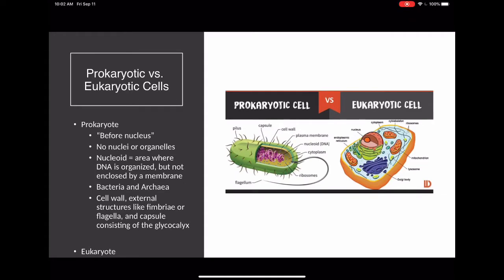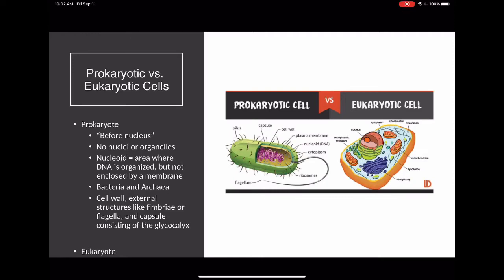Basically there's a nucleoid, which is just a general area of the cell where the DNA is. Most prokaryotes are in the bacteria and archaea kingdoms. They have some morphological items that are pretty common across these kingdoms, but not every single prokaryotic cell has them.